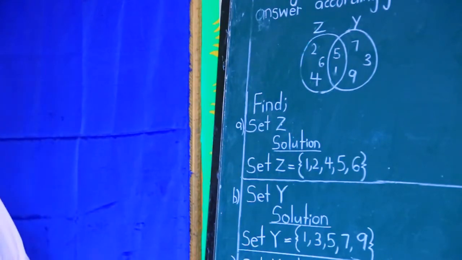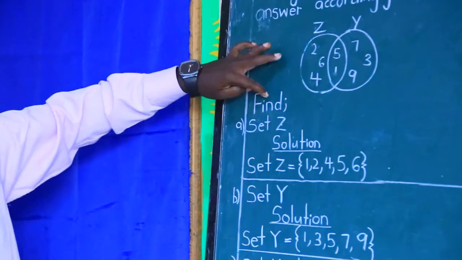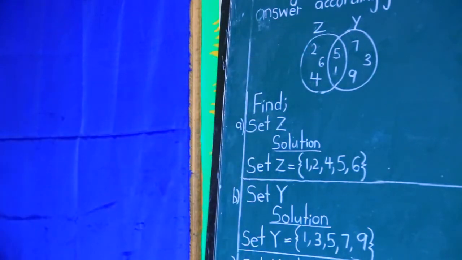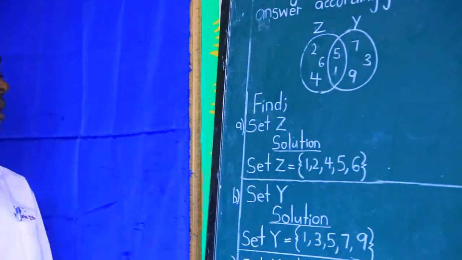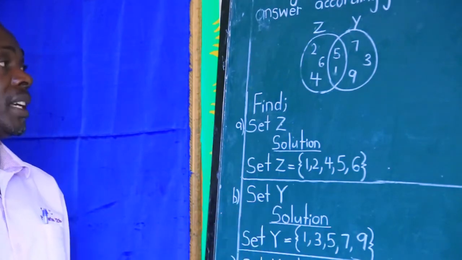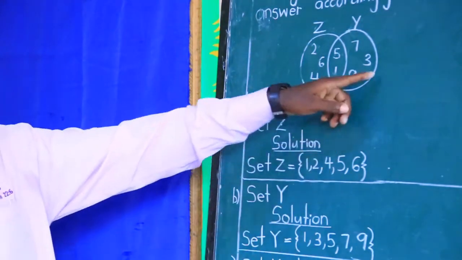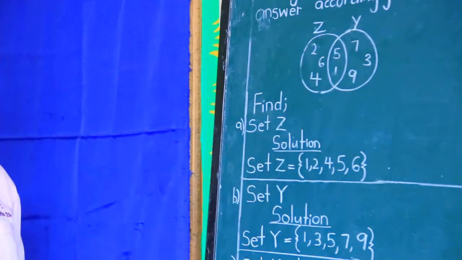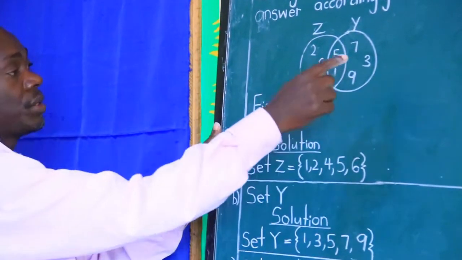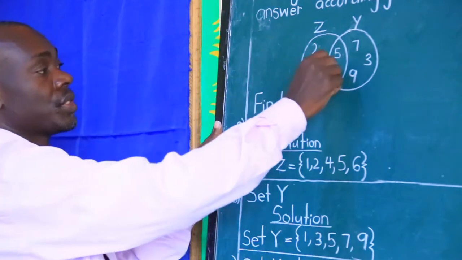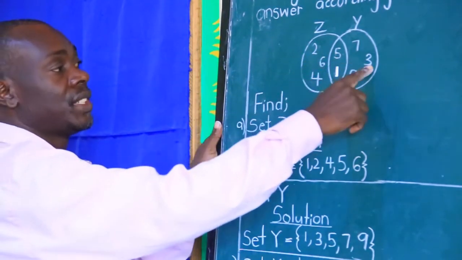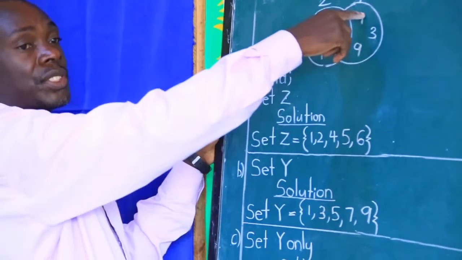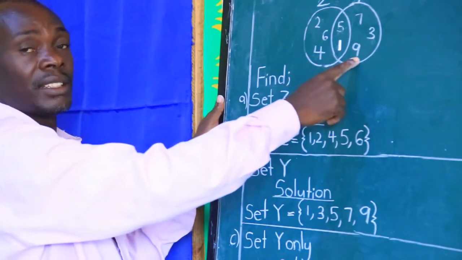And then they will say, part B, find elements of set Y. So again, look at the entire circle of set Y and identify the members in that particular circle. Say set Y equals 1, 3, 5, 7, 9.